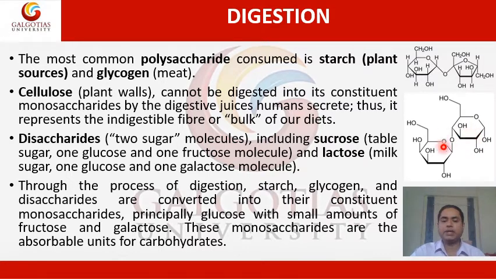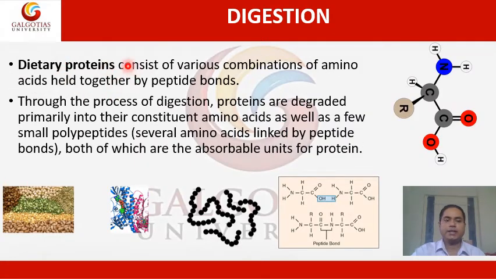In the process of digestion, starch, glycogen and disaccharides are converted into their constituent monosaccharides, primarily glucose with a small amount of fructose and galactose. These monosaccharides are the absorbable units for the carbohydrate polysaccharide molecule. The dietary proteins, which come from several animal and plant sources, are a combination of amino acids held together with peptide bonds.